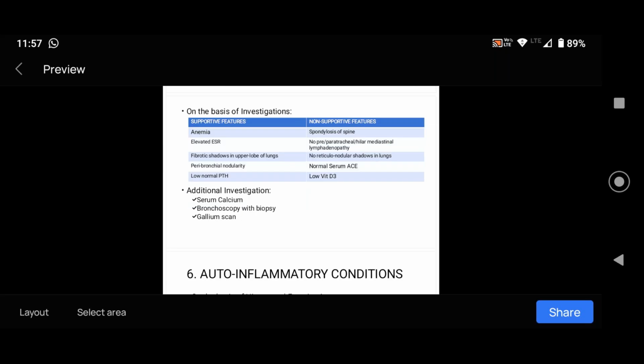And also there's no reticulonodular shadow. Normal serum ACE level can be possible in sarcoidosis, but for that we should at least have some clinical suspicion of hilar lymphadenopathy, which is also not there. So I can't say that normal serum ACE will still keep this as sarcoidosis.